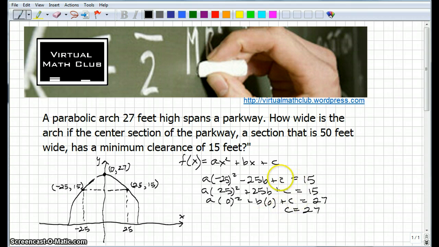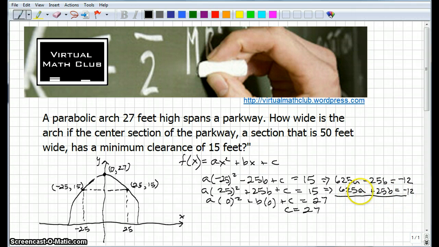Once we have c equals 27, we can rearrange these equations. This is going to be 625a minus 25b, and if we subtract 27 from both sides, we get negative 12. And this one is 625a plus 25b equals negative 12. Then you can see we can add those two equations.